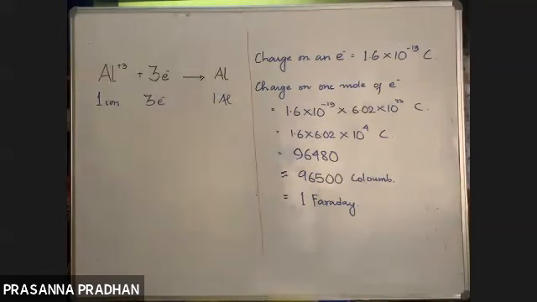Similarly, if I write down 1 mole of Al plus 3 ion, how many moles of electrons does it require? Yes, Anishka, tell me. If one ion requires 3 electrons, 1 mole of ions requires how many electrons? Yes, someone please tell me.